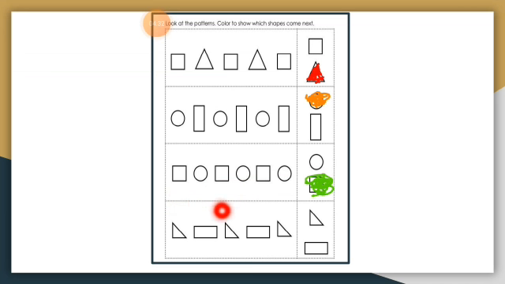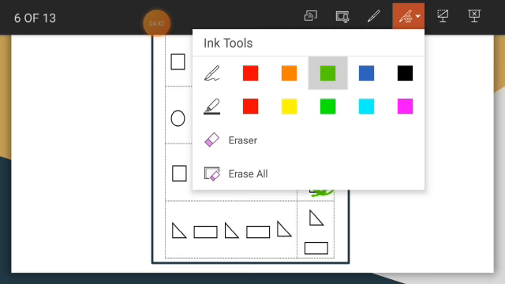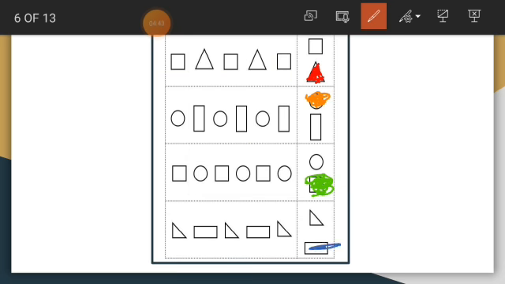Triangle, rectangle, triangle, rectangle, triangle. What will come next? Yes, rectangle. Let's color the rectangle. See, this is how we will color the rectangle. So this slide is only for practice. This is how you will color the shapes which will come next.